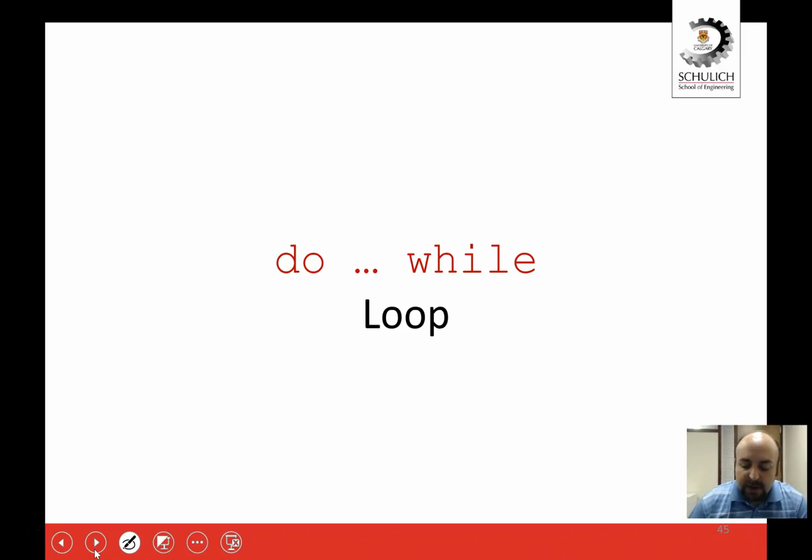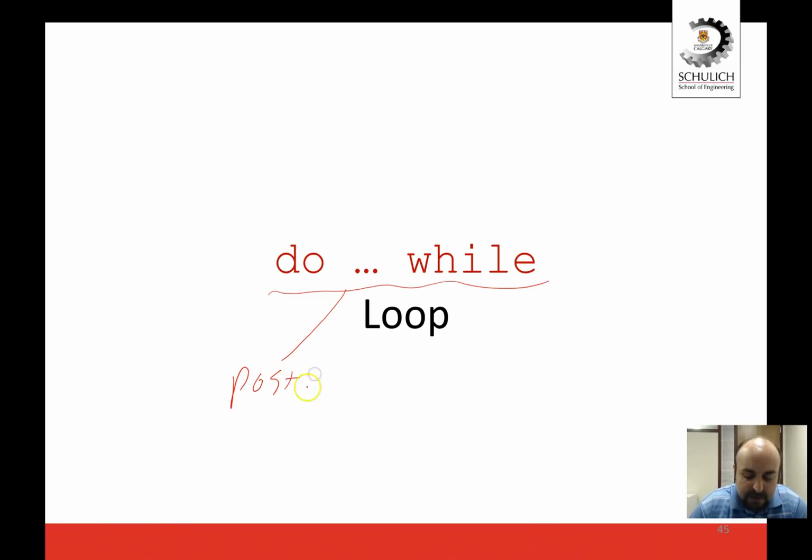And the do while loop, the main difference here is that the do while loop is a post condition loop. What this means is it actually runs the loop block at least once before checking for any condition at all.